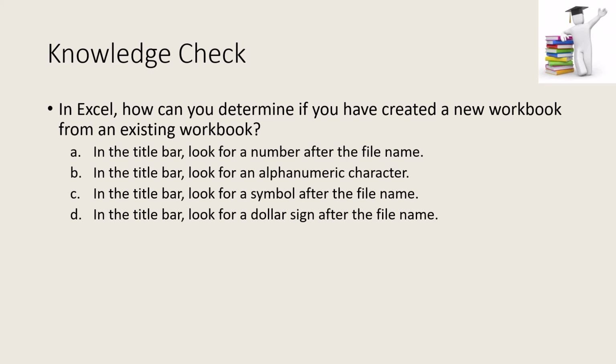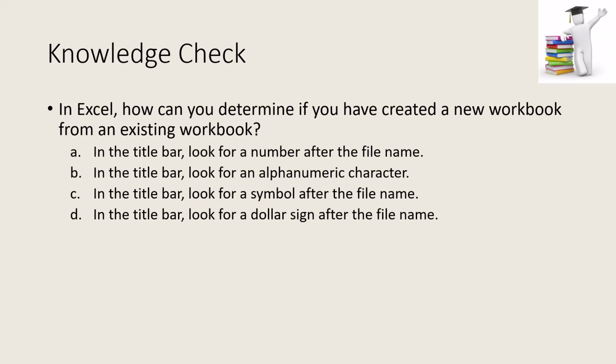In Excel, how can you determine if you have created a new workbook from an existing workbook? A. In the title bar, look for a number after the file name. B. In the title bar, look for an alphanumeric character. C. In the title bar, look for a symbol after the file name.